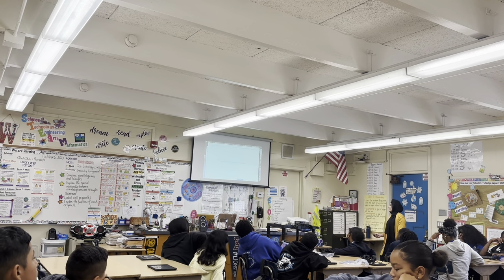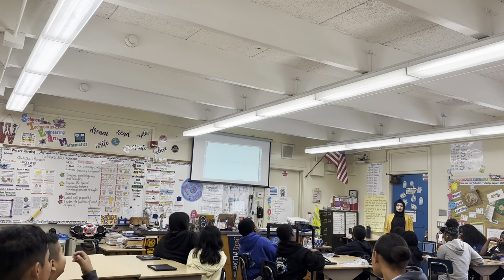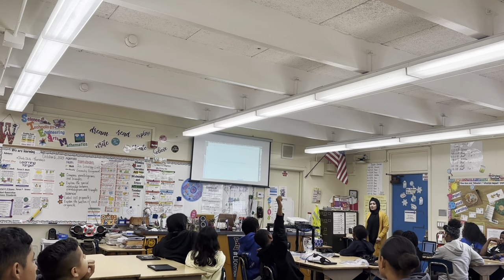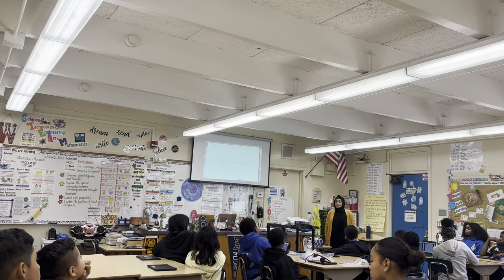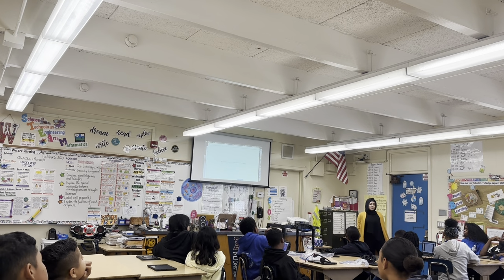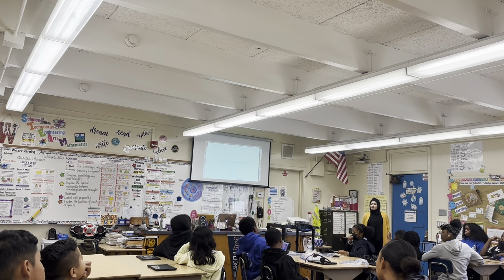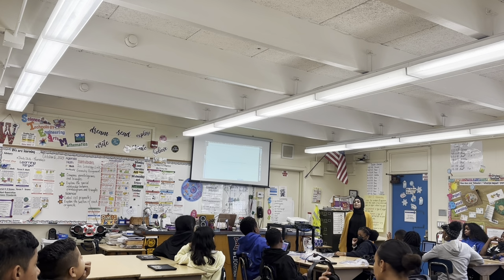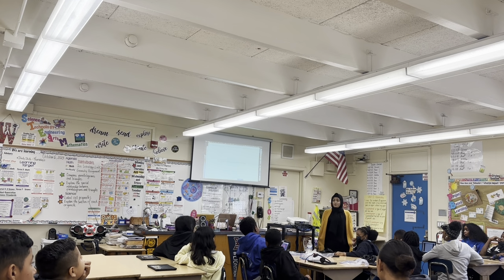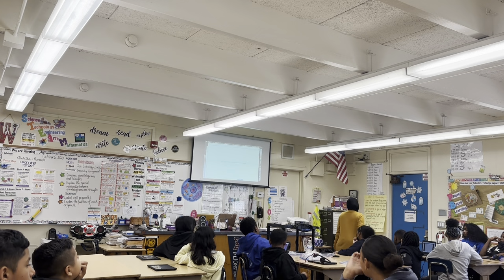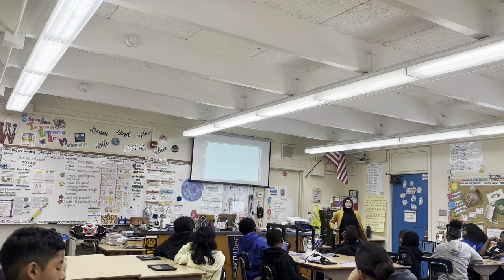Okay, do we know what a quadrilateral is? Yes, Josh, a shape with four sides. What is a parallelogram? A shape with parallel sides, two pairs of parallel sides. Yes, that's right. What is a rectangle?